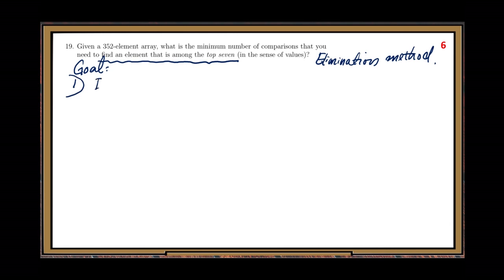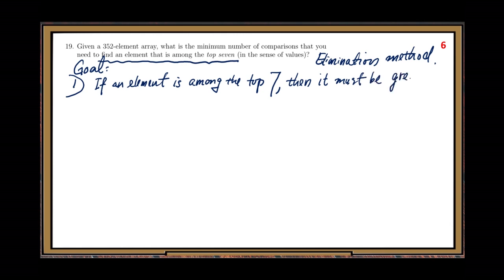If an element is among the top 7, then the direct consequence, or direct property, it must have is that it must be greater than a certain number of elements of the array. This question mark we need to answer.